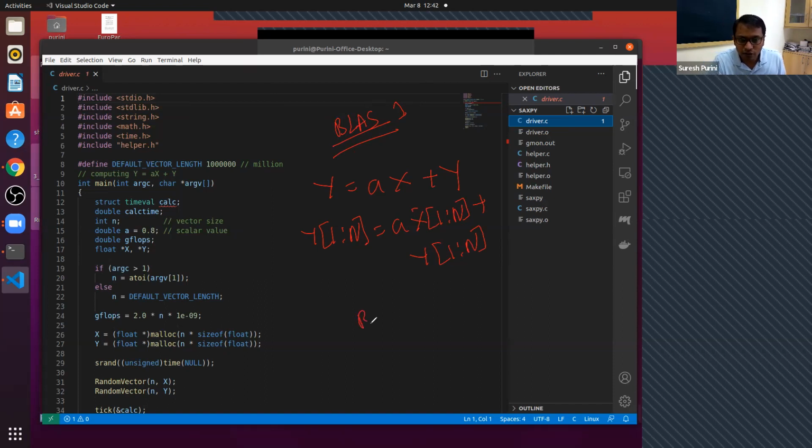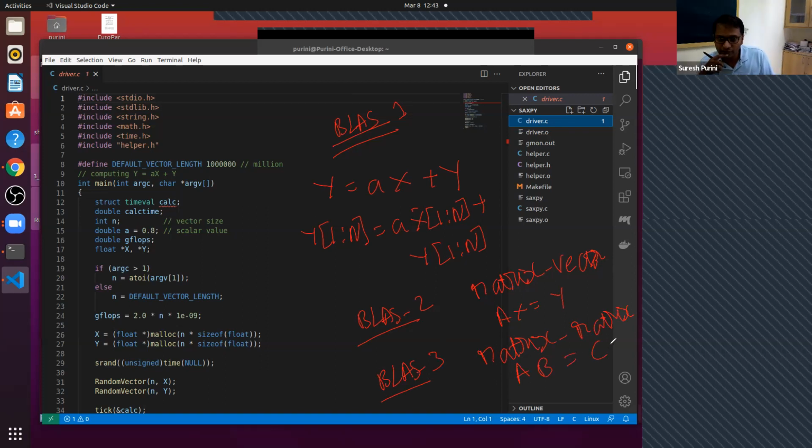At BLAS level 2, we work on matrix-vector problems, like Ax equals y. This is a matrix-vector problem, right? And at BLAS level 3, we work with matrix problems, like for example, we want to compute the product of 2 matrices and compute C.